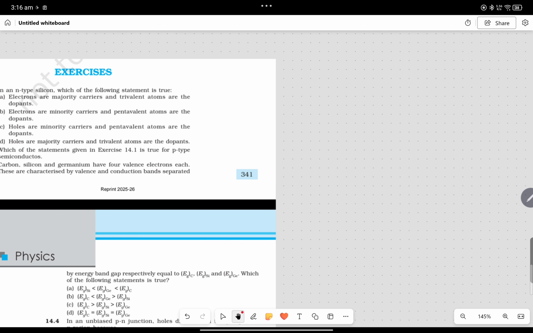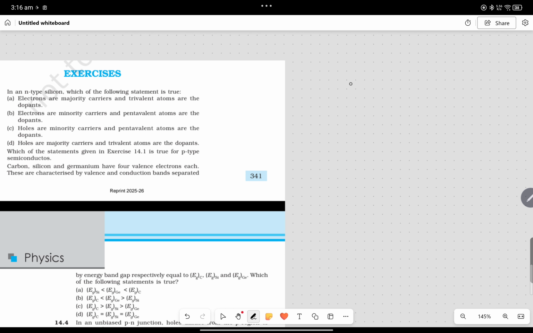So first of all, let me write what these n-type and p-type are, right? In n-type, what we have is majority electrons, right?